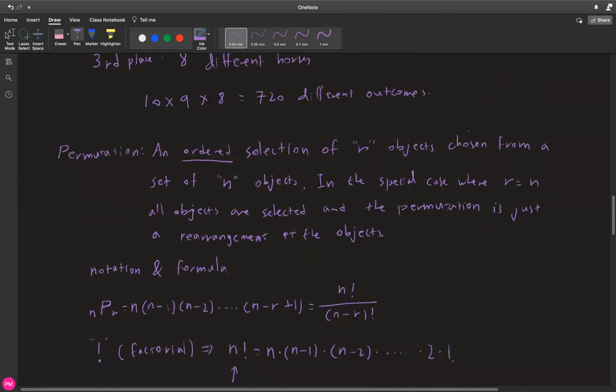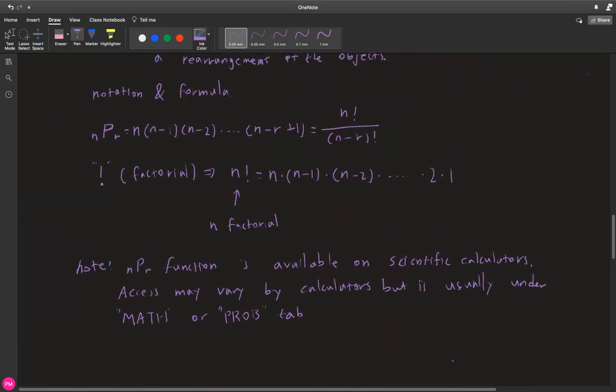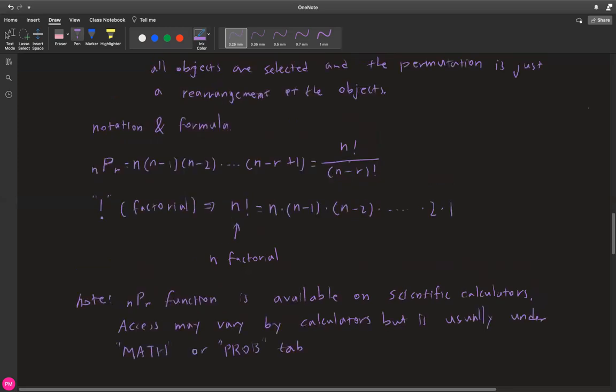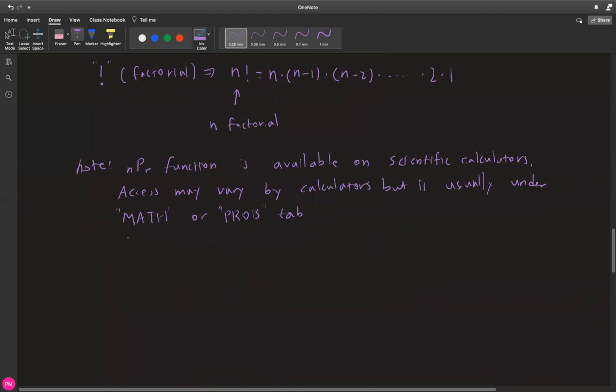So let's use this horse example with this simple permutation. We know that in the horse example, we have 10 different horses, and we are interested in ordering 3 different horses.